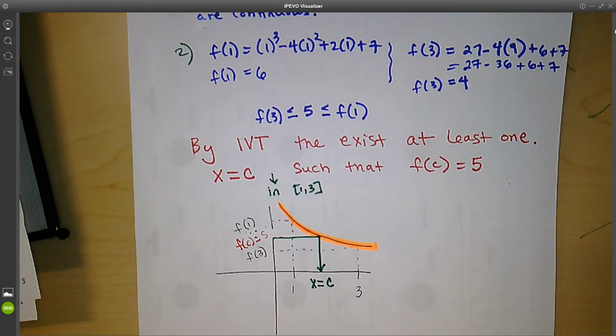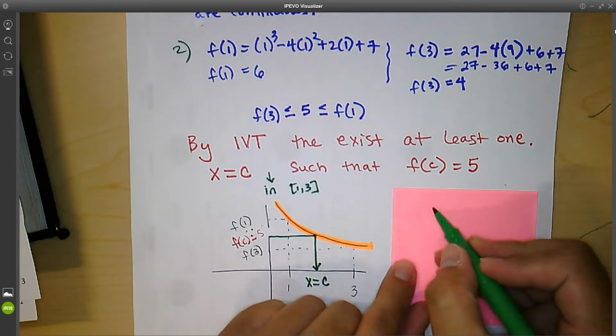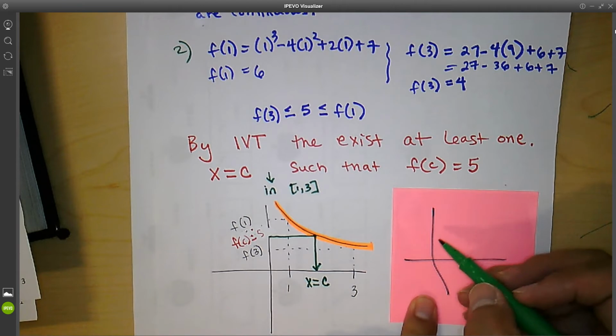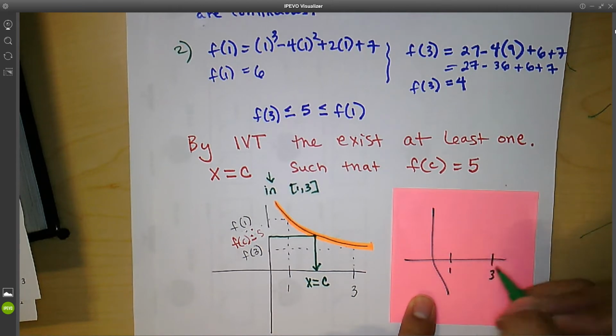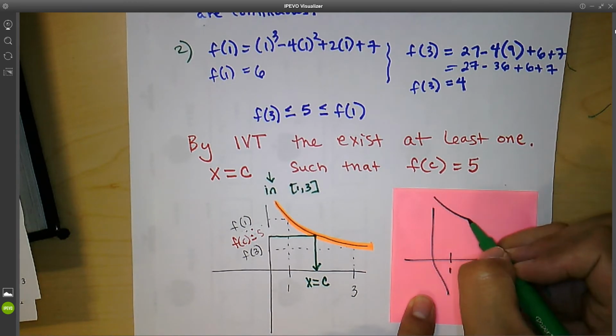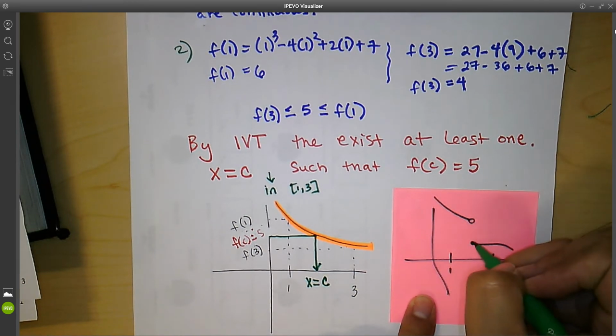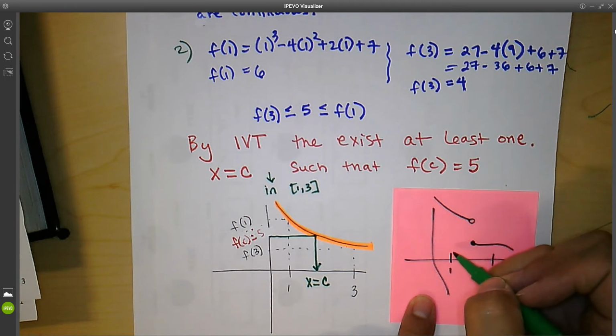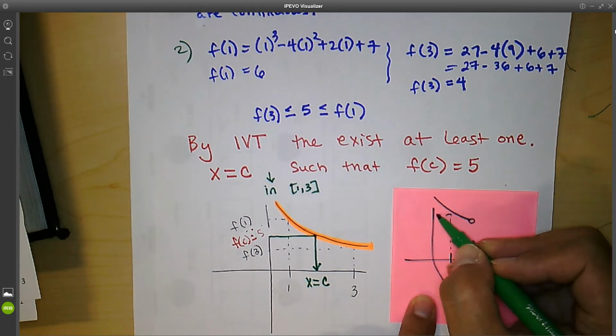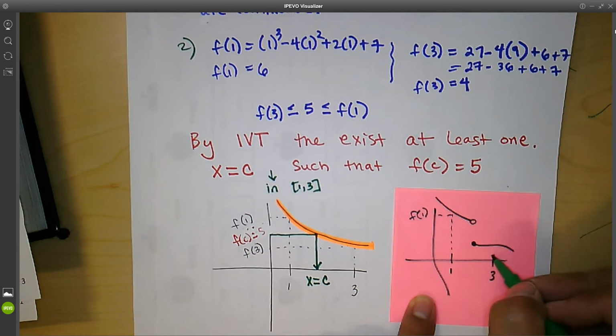Okay, let me just give you a picture of why we need it to be continuous. Let me say, what if it wasn't continuous? F of 1 is there.